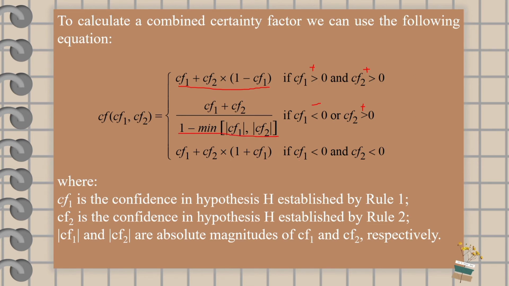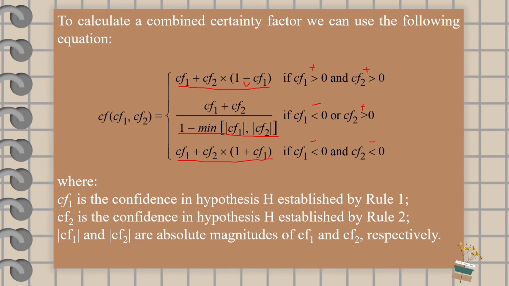If CF1 is less than 0 and CF2 is less than 0, which is both negative, we're going to use this formula. Take note that our formula is different. If both positive, then you are using minus.